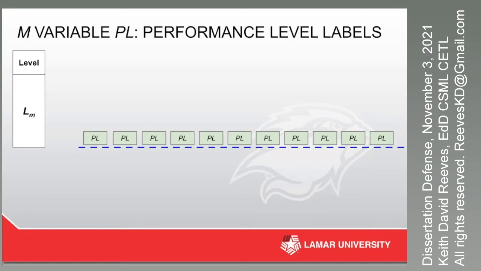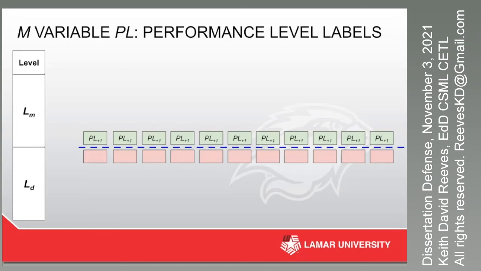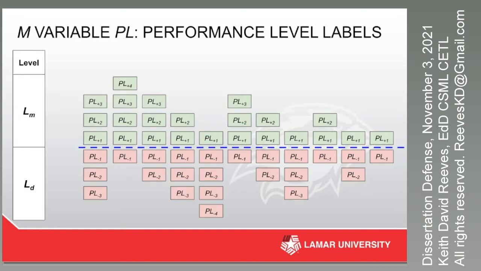The first performance level, or PL, that is above the line of demarcation. Each PL at this first level above the line is PL plus 1, the first positive level. The opposite is true below the line of demarcation, and I just use the same logic and call that PL negative 1. Positive PLs in LM above the line and negative PLs in LD below.